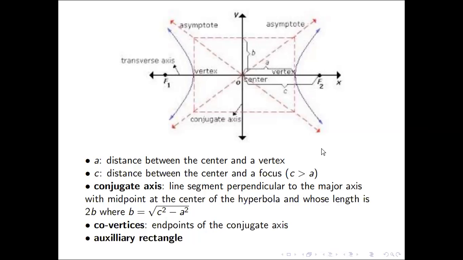And this would not be hard because all we have to do is draw the auxiliary rectangle by just using the transverse axis and conjugate axis as guides. So it would not be hard to draw the auxiliary rectangle and thus also the asymptotes. But as I have said, since we have trimmed a lot of topics under modules 1 and 2, we won't be discussing an example on sketching the graph of a hyperbola.